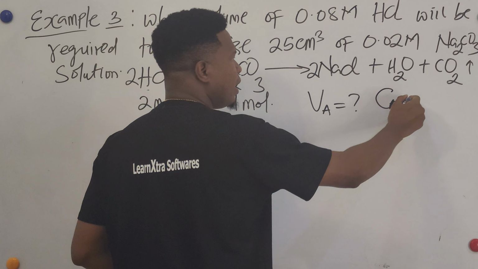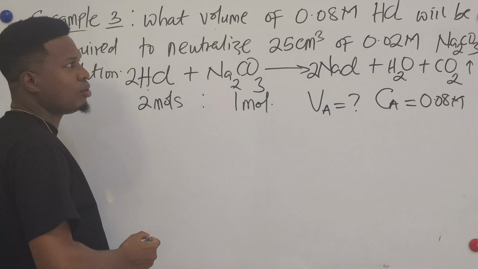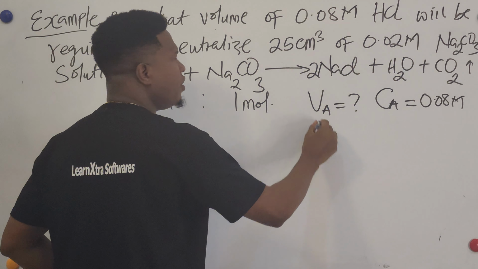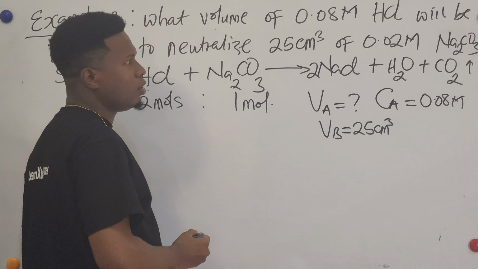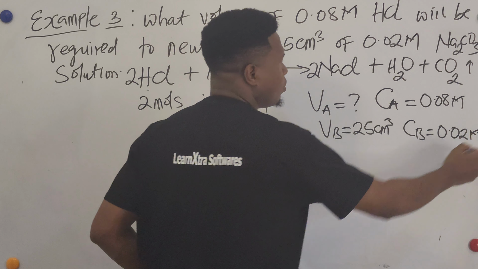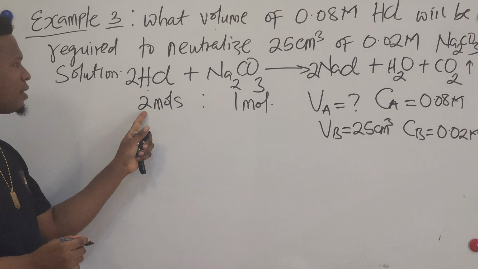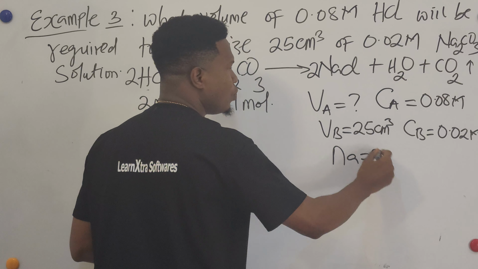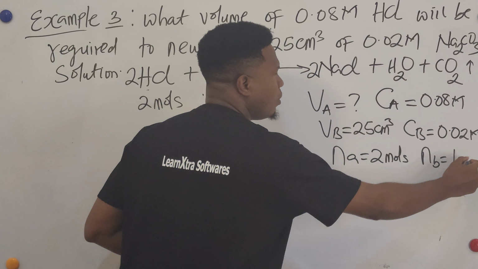But they gave us the Ca, which is the 0.08 molar solution. It neutralizes 25 cm³ of this, so this is the Vb, the volume of the base, 25 cm³. They also gave us the Cb, which is 0.02 molar solution. From the equation, this is your Na, which is 2 moles, and Nb is equal to 1 mole.